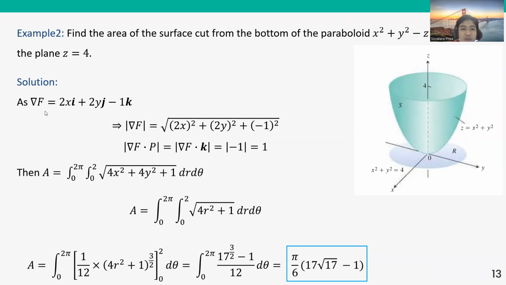And then we have to find the absolute value of gradient f and also gradient f scalar p, and we have to find the absolute value of it. So it equals 1. Then using the area of implicit surface formula, we get here pi over 6 times 17 square root of 17 minus 1. So that's the answer.